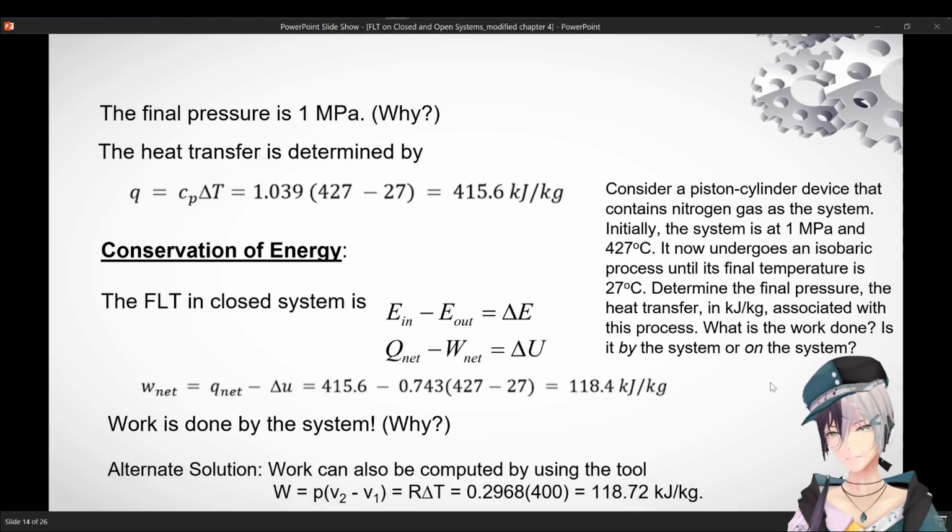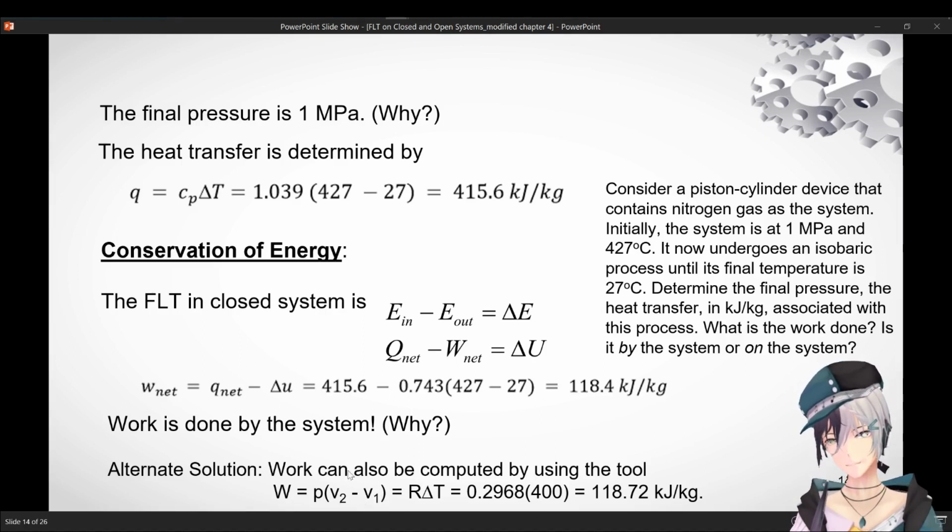An alternate solution is using the boundary work formula at constant pressure process: pressure times volume 2 minus volume 1.